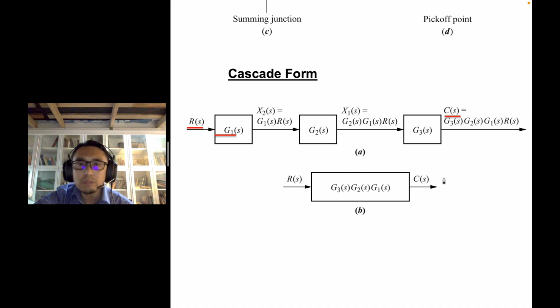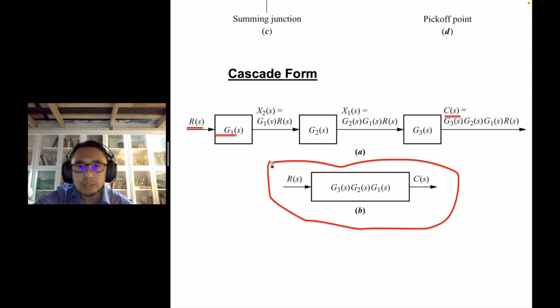The equivalent system is just as shown here, where C is obtained by multiplying all these blocks G1, G2, and G3 together. So it's equivalent for you to draw one block instead of three blocks, and inside the new block will be G1, G2, and G3.